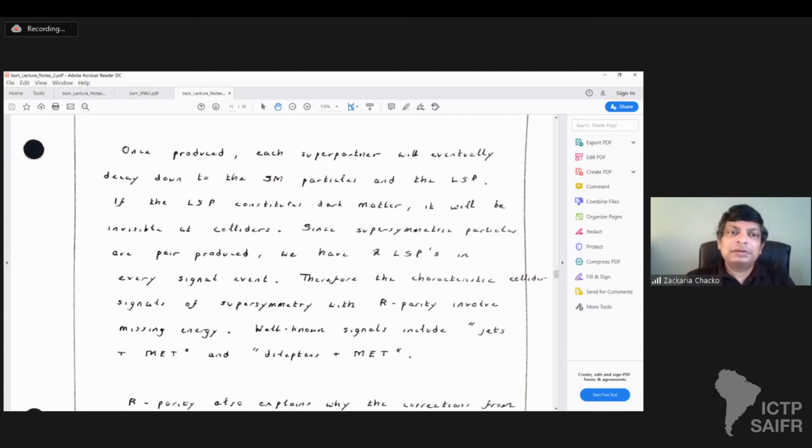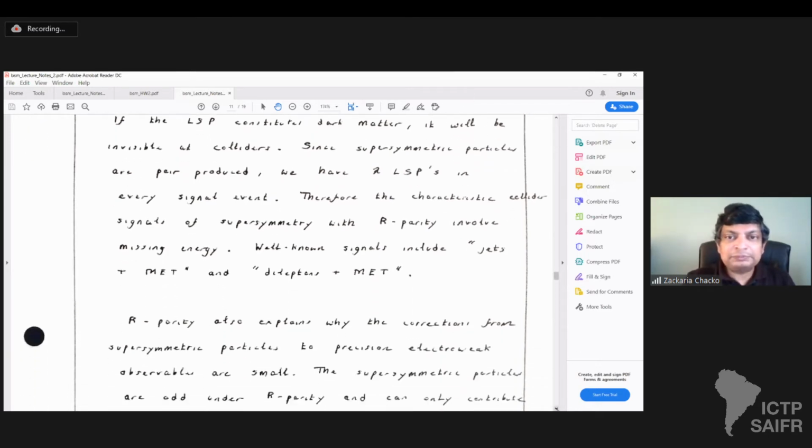And if the lightest supersymmetric particle is the dark matter, it's going to be invisible at colliders. It's just going to stream out. Once it's produced, it's just going to fly through the collider. It's invisible, so it's almost like a neutrino or something. And since supersymmetric particles are pair produced, we are going to have two of these lightest supersymmetric particles in every signal event.